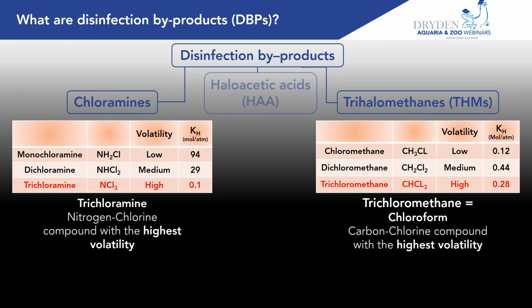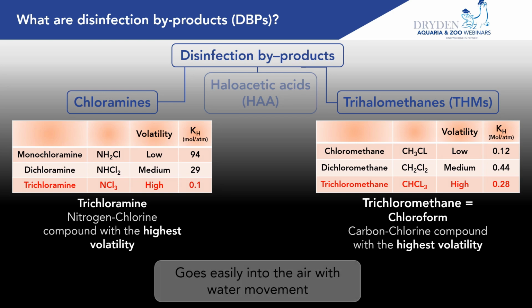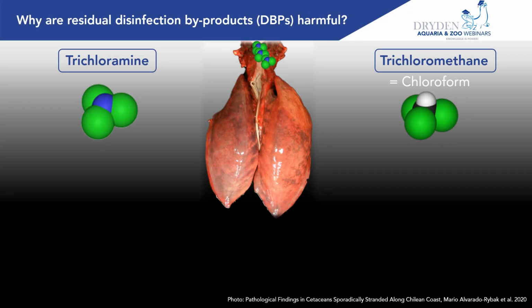Because of water movement and splashing, both trichloramines and THMs are easily released into the air, especially in marine mammal facilities, putting trainers, workers, and the animals themselves at risk through inhalation exposure. So trihalomethanes, due to their high dermal permeability and volatility, can be absorbed through the skin, inhaled, or taken in through accidental swallowing of water.